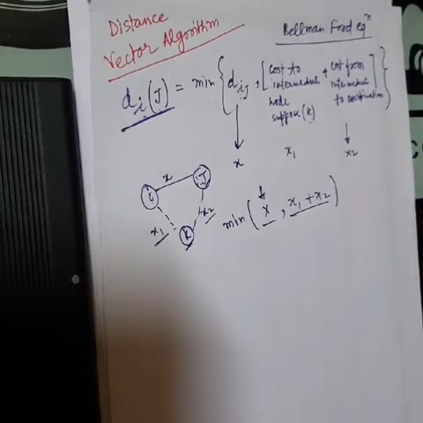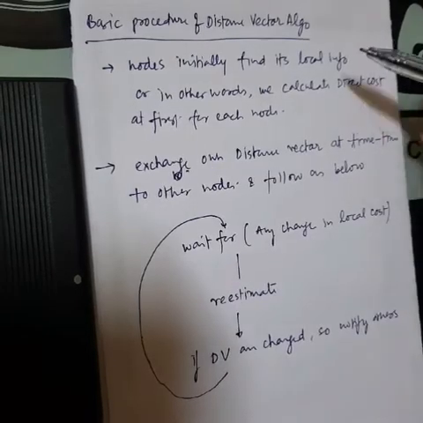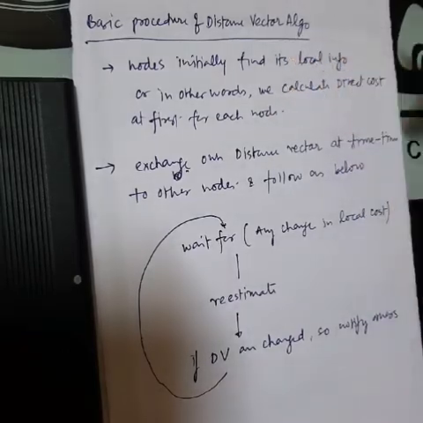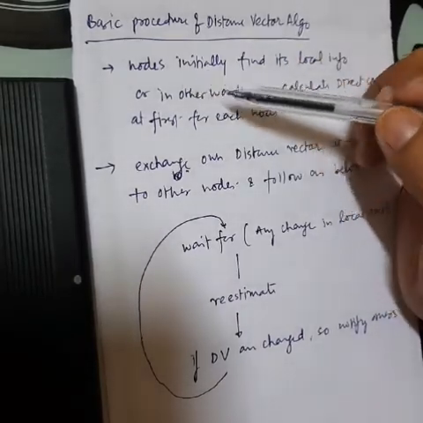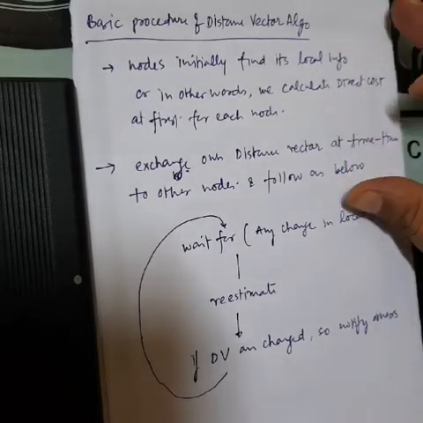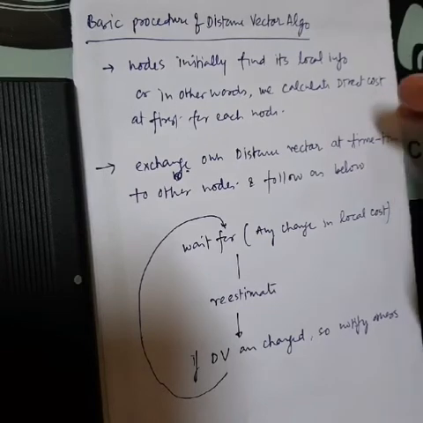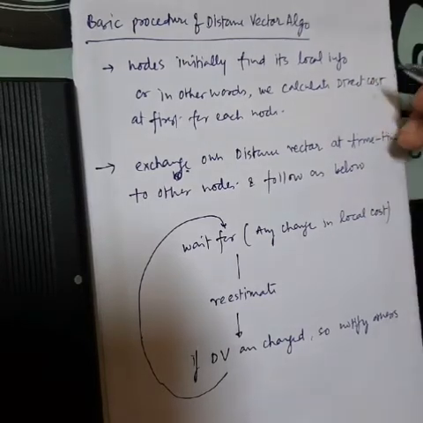So how can we use this equation in our algorithm? Now comes back to our algorithm. In the basic procedure of the distance vector algorithm, each node first initializes its local information, or in other words, we calculate the direct cost of each node. This is our first step.